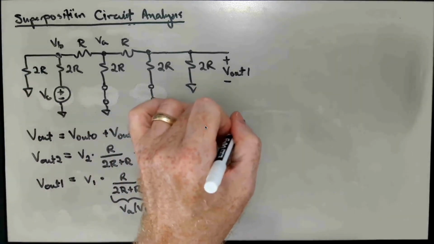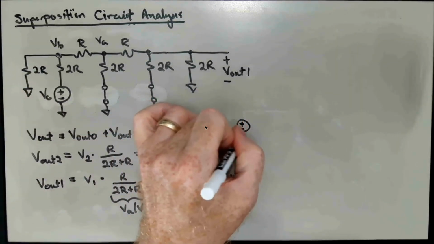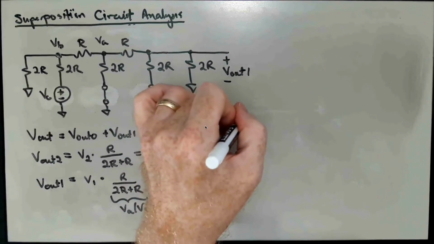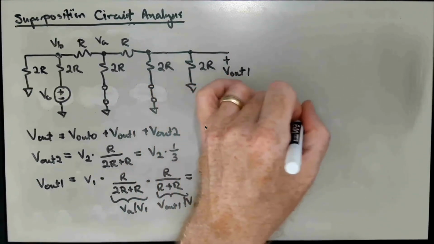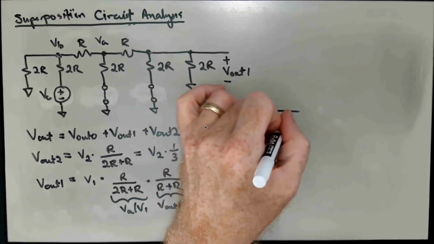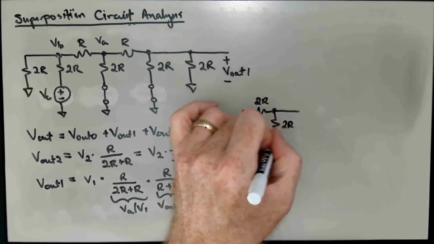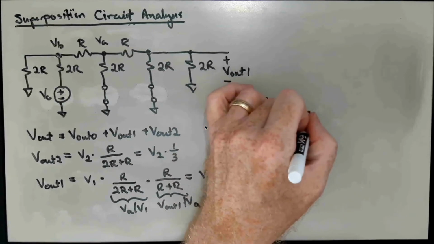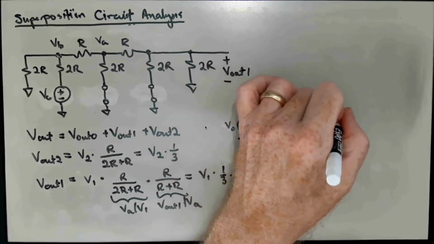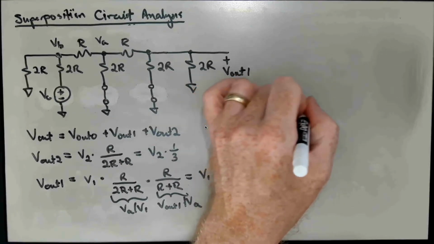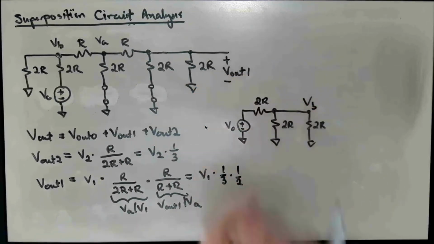like this. So we have a situation that's like V0, coupling in through 2R into a 2R off to the left, and a 2R off to the right. And this is basically VB.